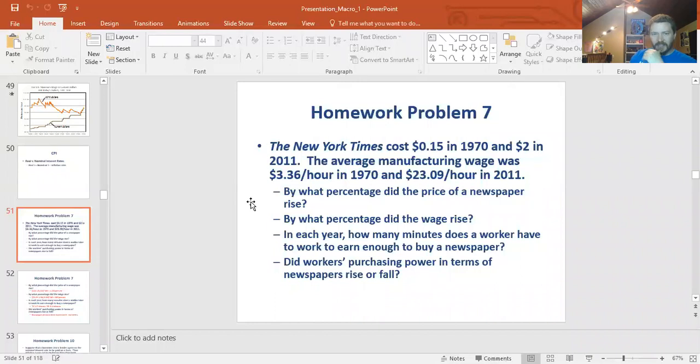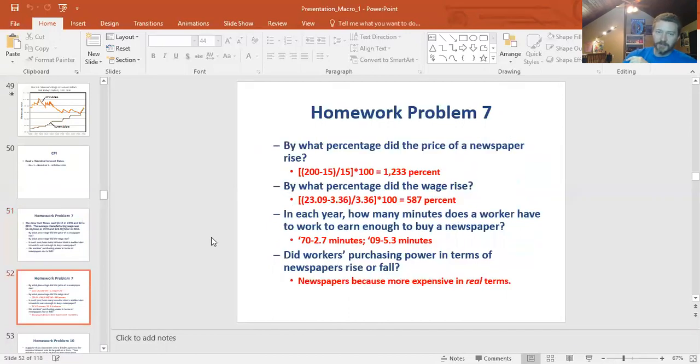You have these various questions. Pause the video right now and do this problem. Do the simple calculations, but more importantly, think about what this means. Think about the importance of this problem. Think about why I would be emphasizing it. Pause the video, then we'll come back and look at the answers.